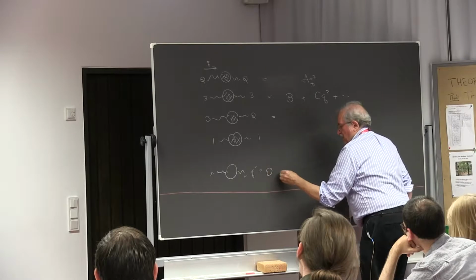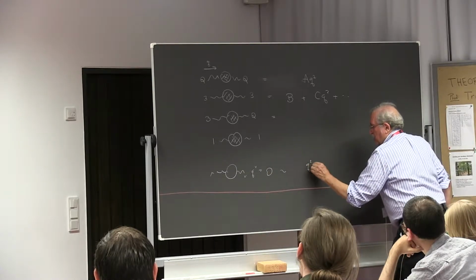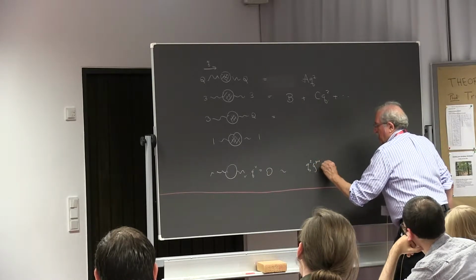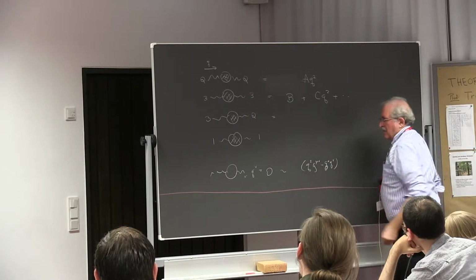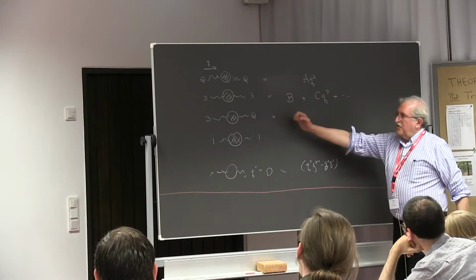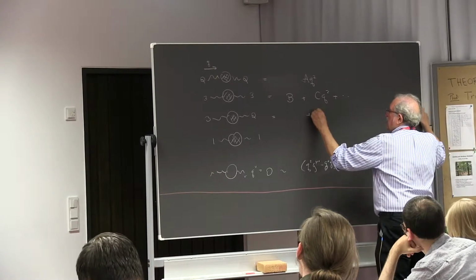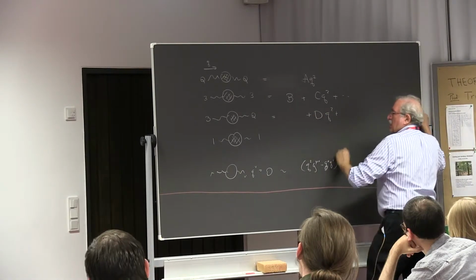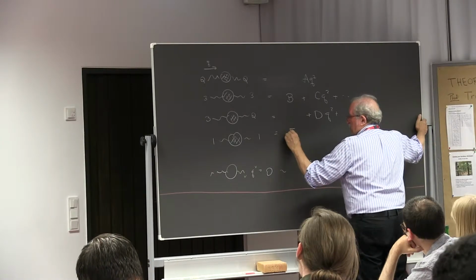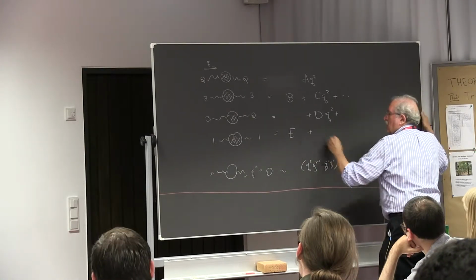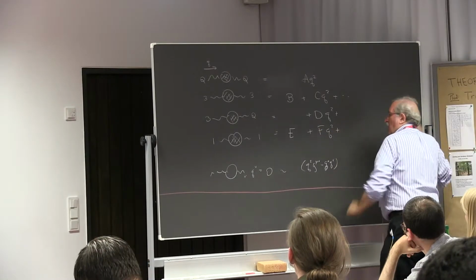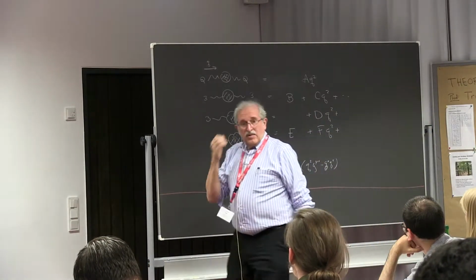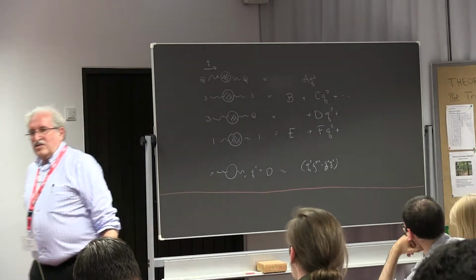So if this is 0, then the diagram has the form Q squared g mu nu minus Q mu Q nu. And so that means this coefficient vanishes. So there's a D. And then this one, there's a finite value, E and F Q squared. And I'll neglect terms of order Q to the 4th. So there are 6 coefficients here.